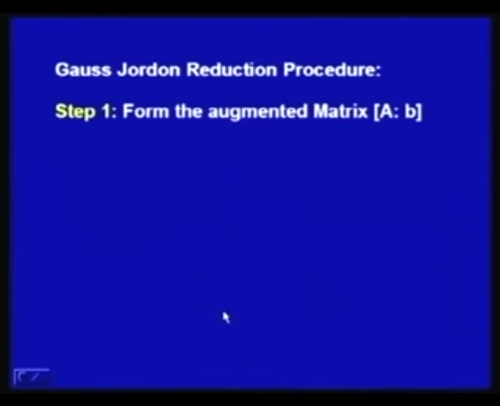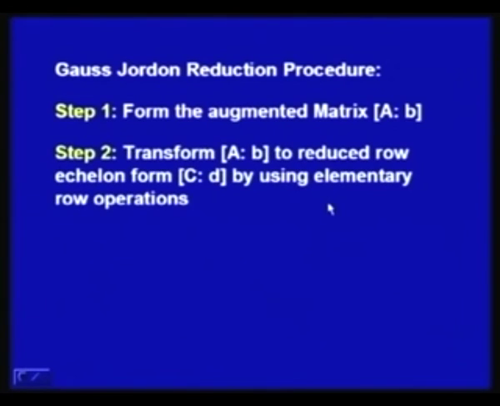Now, the Gauss-Jordan reduction procedure is a slight variation from this, in the sense that the first step remains the same, that we have to first form the augmented matrix. The step 2 is to transform A B to reduced row echelon form by using elementary row transformations. That is the basic difference between the two methods, the Gauss-Jordan reduction procedure and the method which we have discussed just now.